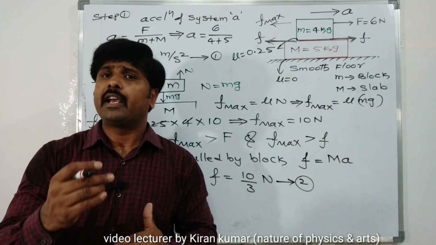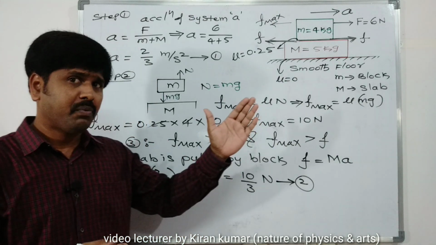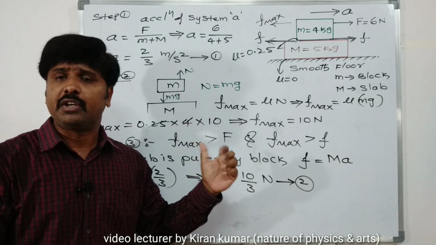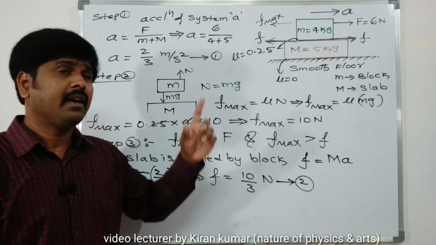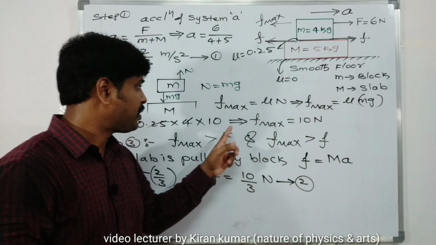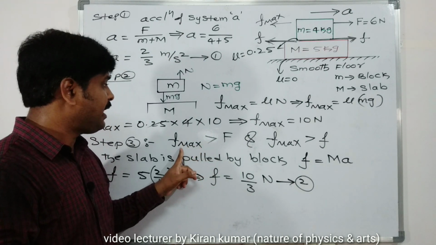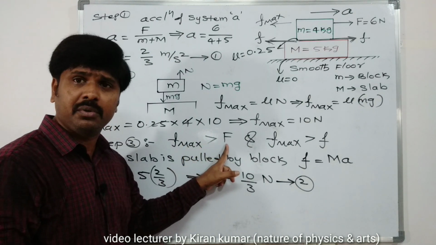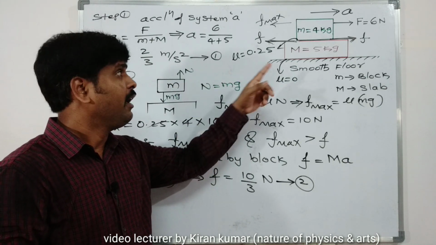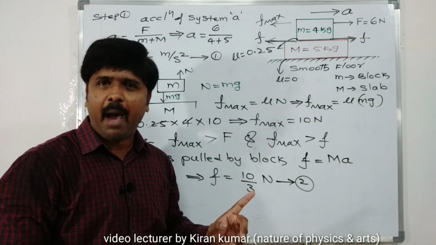Just for comparison with the applied force and also the frictional force between the two blocks. Here the maximum friction is compared to the applied force. We got the relation: 10 Newton is greater than 6 Newton. That's why the upper block pulls the lower slab.